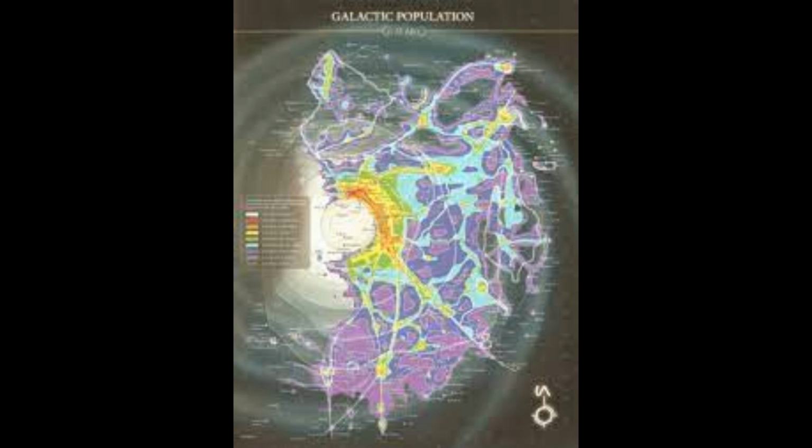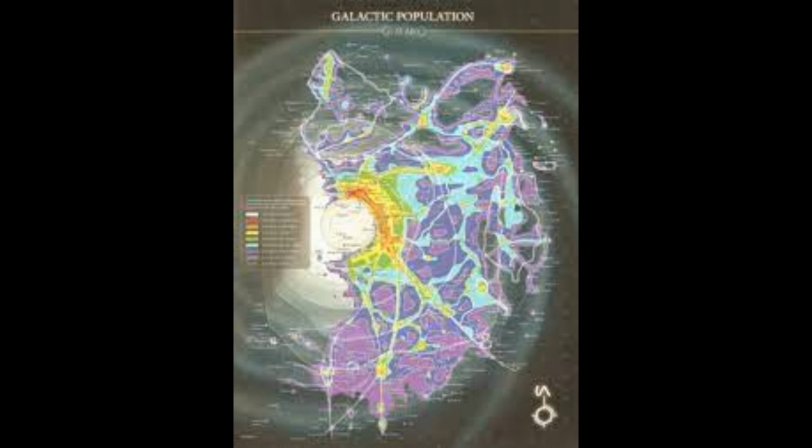Yellow is 1 billion to 10 billion. Green is 500 million to 1 billion. Blue is 100 million to 500 million. Dark blue is 10 million to 100 million. Purple is 1 million to 10 million. And then if it doesn't have a color, its population is less than 1 million.